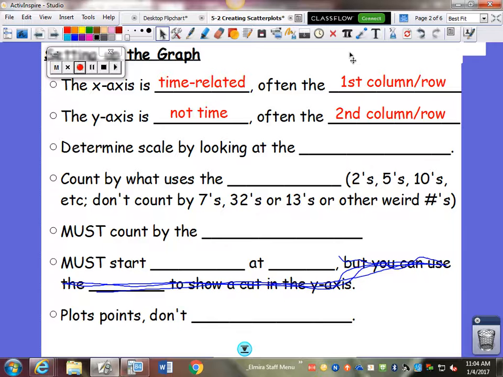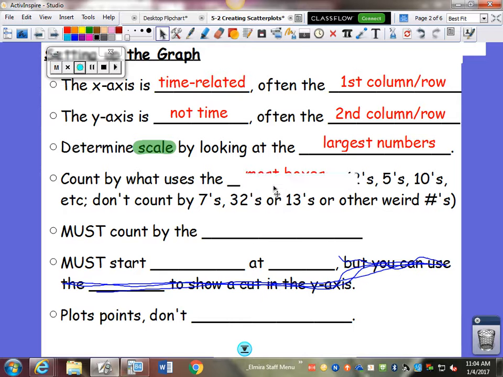All right? Scale, okay, the word scale here is what you're counting by in your graph. And if you want to know what you're going to count by on the graph, you have to find the largest number in your x values and the largest number in your y values. That'll help you figure out what you're going to count by.